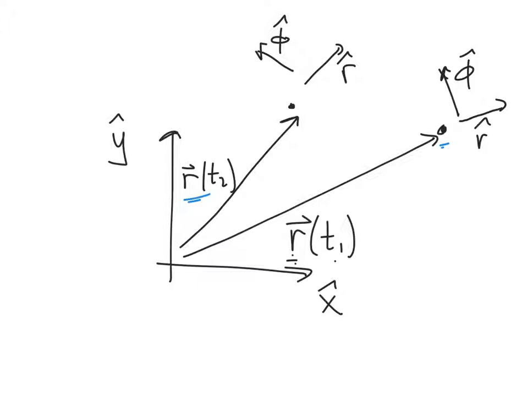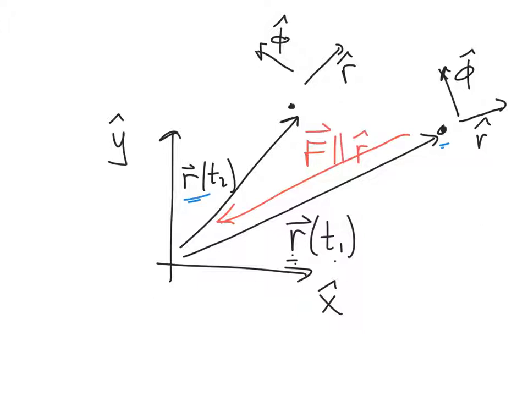Now this introduces some additional complications when we want to think about the dynamics of our system in the polar coordinates. It simplifies certain aspects of problems, but it can complicate others. If, for example, we have a force vector which acts radially, so there's a force acting on our mass which always points toward the origin, say, that force vector will always run parallel to the r hat vector.